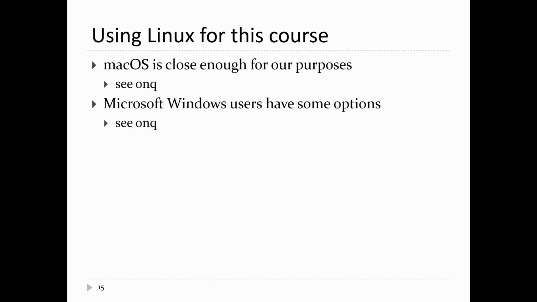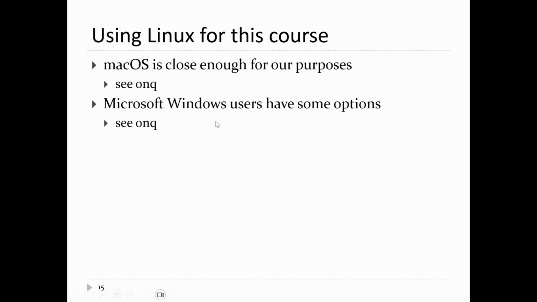If you have a Mac, that's basically close enough for our purposes. There are instructions on OnCue to install some software that you might find useful in this course. So follow those instructions sometime this week, to get your computer set up so that you can actually do everything in this course. The C stuff, you don't have to worry about until roughly reading week.